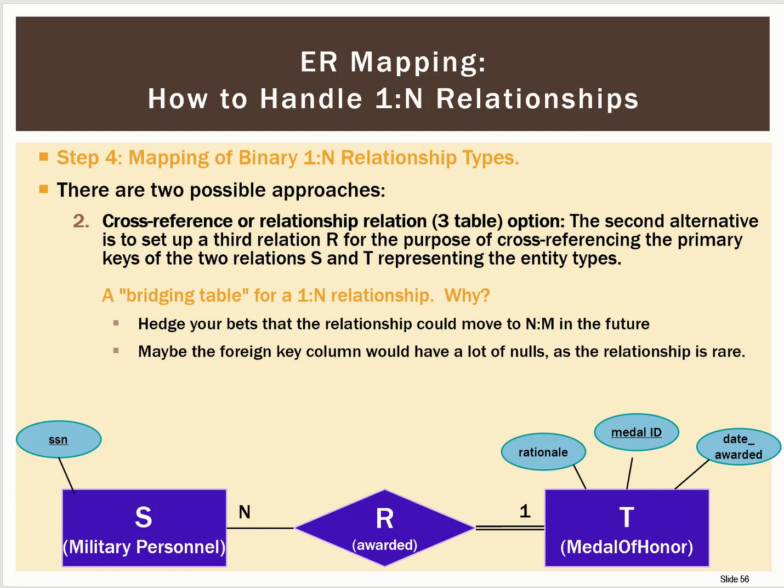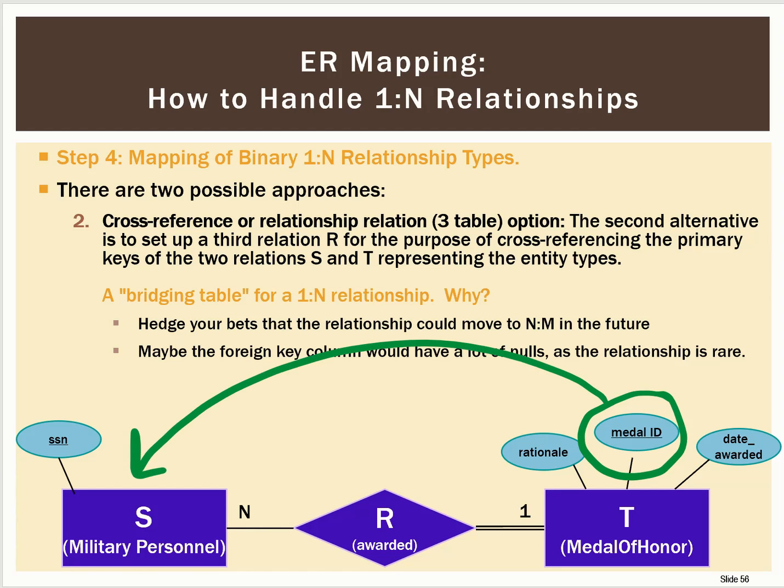Now, we said before that you could take the key of the one, which would be medal ID, and put it into the table of the many. And that was the previous way we modeled. However, think of all the military personnel. That's quite a large number. And think of the tiny amount that actually are lucky enough to receive a Medal of Honor.